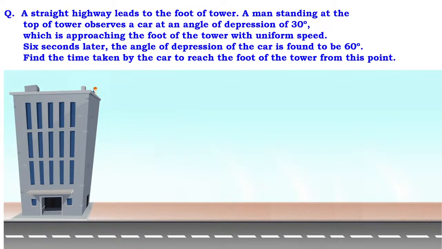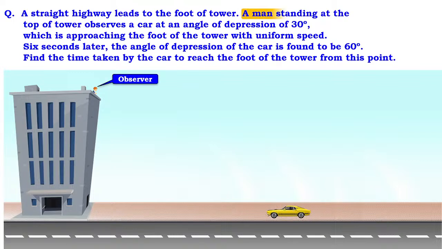Next, a straight highway leads to the foot of a tower. A man standing at the top of the tower observes a car at an angle of depression of 30 degree, which is approaching the foot of the tower with uniform speed. 6 seconds later, time distance speed, the angle of depression of the car is found to be how much? 60 degree. Find the time taken by the car to reach the foot of the tower. So here there is a man on the tower and he is watching a car coming at a uniform speed.